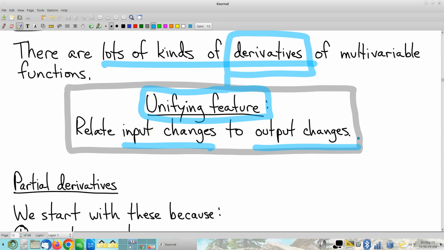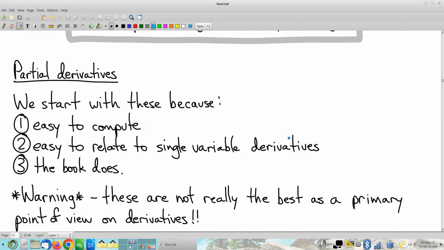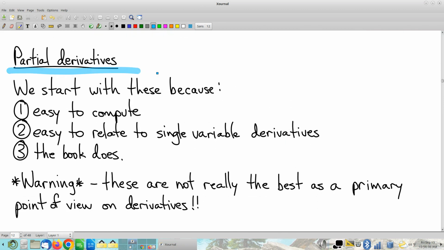Okay. Now, I'm going to start with something called partial derivatives for various reasons. It's easy, student-friendly, which is nice. It's relatable. It's going to be kind of familiar, also nice.